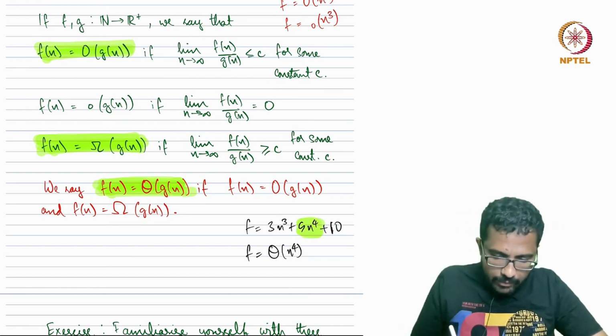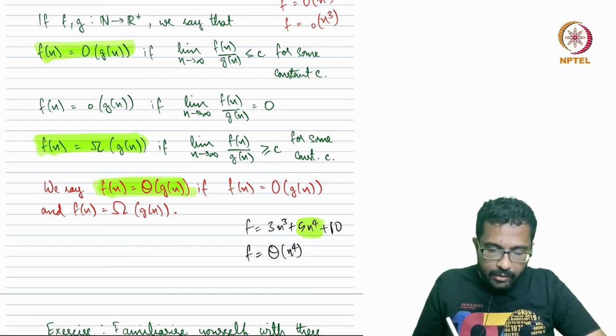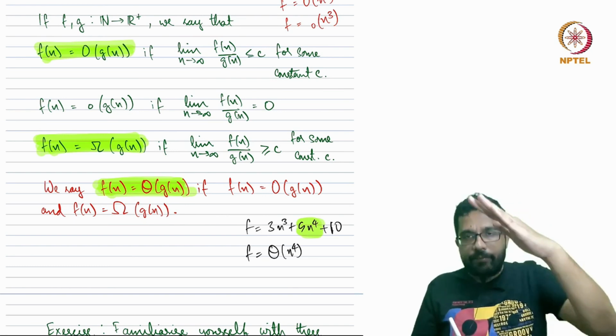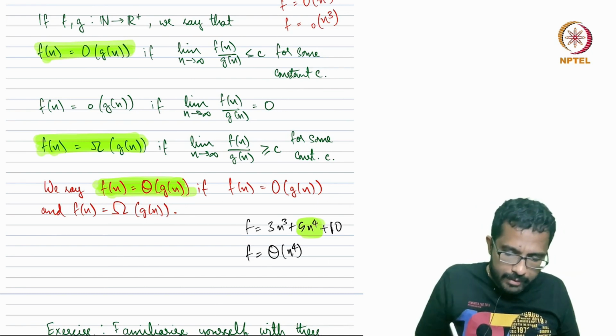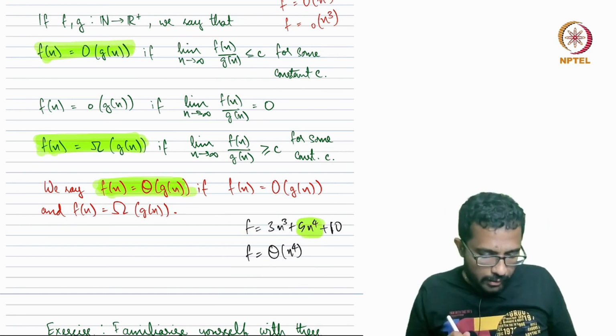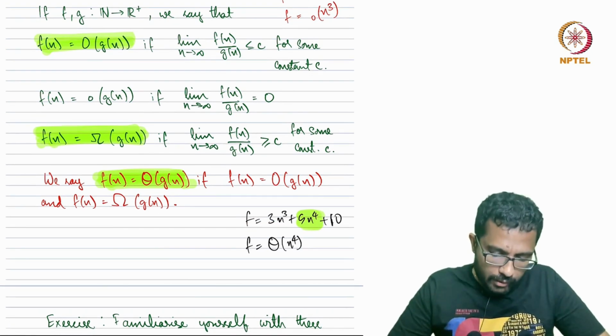So this dictates how f grows. That is why the way f grows will be very similar to how n power 4 grows. Okay, so this is the theta notation.